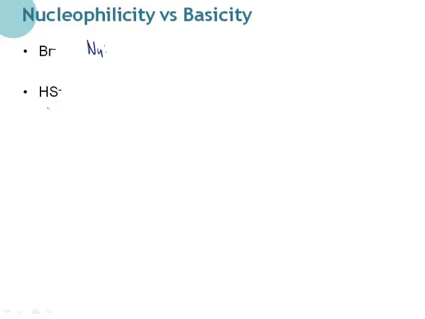Hydrogen sulfide is definitely a charged species, and you should try to remember that sulfur atoms are very polarizable, and the pKa of the conjugate acid is quite low. So once again, this is going to be a nucleophile.